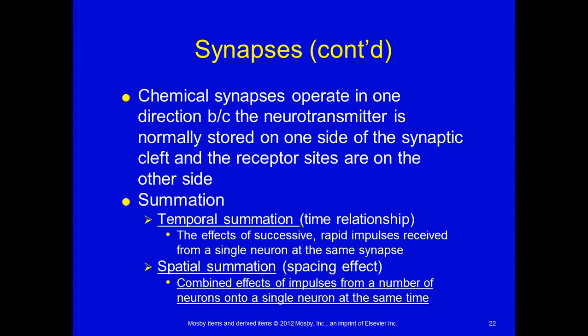And actually, spatial summation is the perfect example, or basically the definition, of convergence. The only reason this neuron is getting excited and propagating a nerve impulse is because it's being activated by several different neurons, and it finally reaches that threshold level it has to get to in order to get excited.